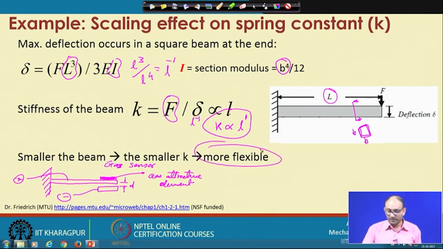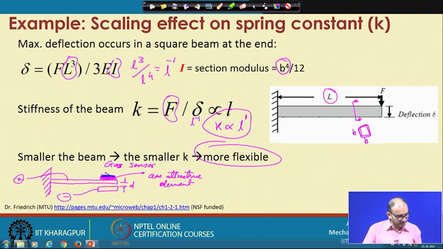When you put this whole system in the environment, it will start catching the gas molecules of one particular component. These gas molecules will start sticking to the top surface.